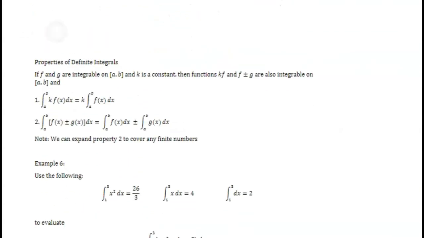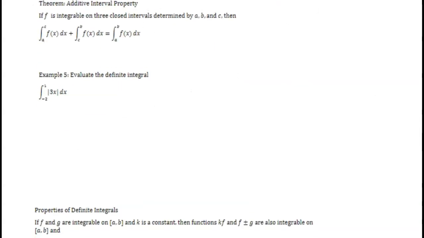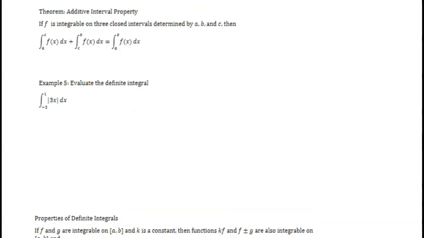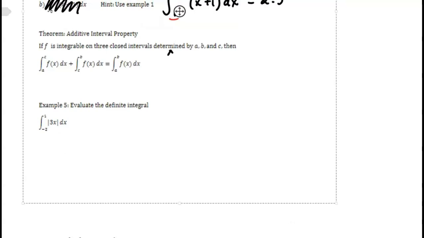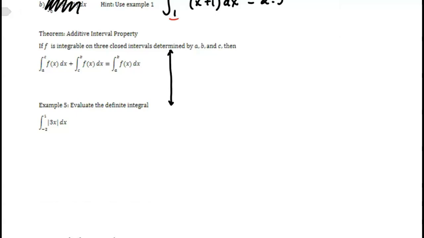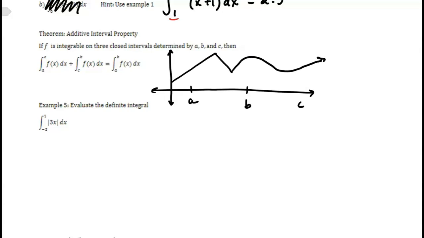And one of the last things we're going to talk about here is the additive interval property. I'm going to draw a quick little graph to just show you what this means. So let's say that we have a function, and I'll say this is A, and this is B, and this is C. And let's say our function looks like this. Doesn't really matter what happens there.